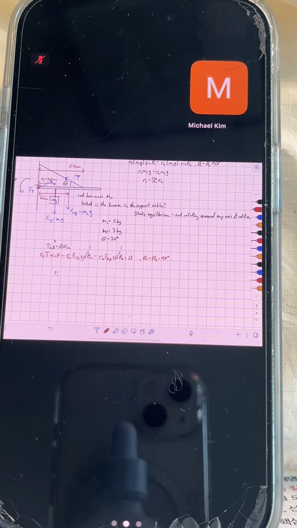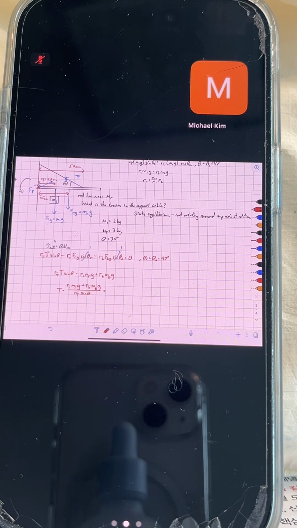I've got R_T times T sine theta equals R_R M_R g plus R_B M_B g. And so this tells me my tension is whatever this is, divided by R_T sine theta.